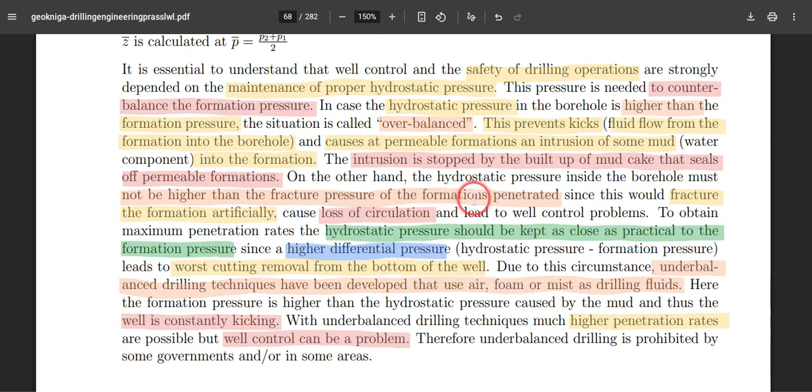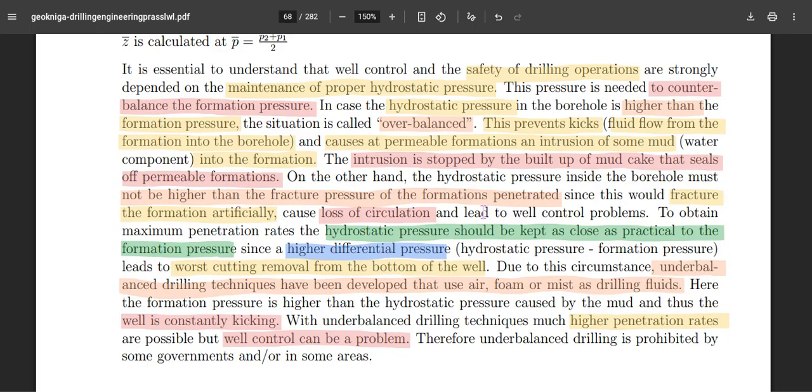Due to that, the fluid from the borewell will flow into the formation, which eventually ends up in loss of circulation. So for effective drilling, we should not have too high a hydrostatic pressure, or too low a pressure in comparison to the formation pressure. Too high pressure will lead to loss circulation, too low will lead to a kick.